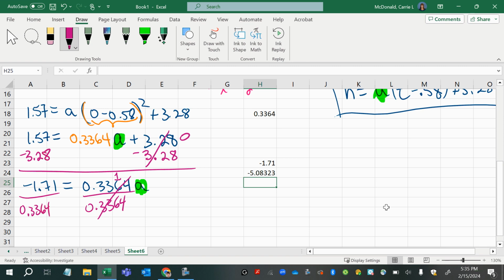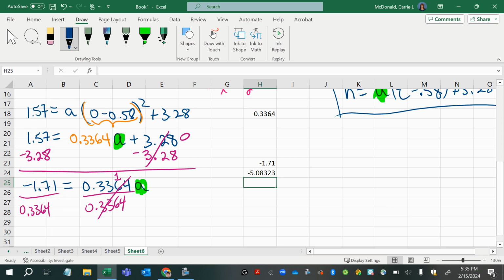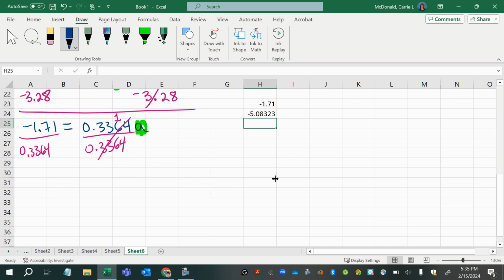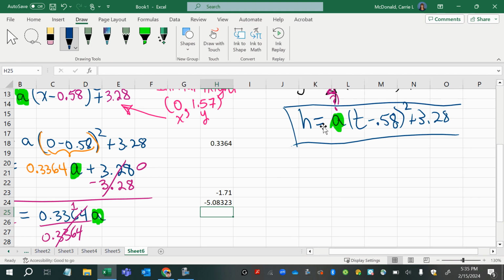I'm going to round that to negative 5.08 because all of the values in the given problem were no more than 2 decimal places. So I'm going to write on the left-hand side, negative 5.08 equals a. And then I'm going to take that negative 5.08 and replace it in the final answer.